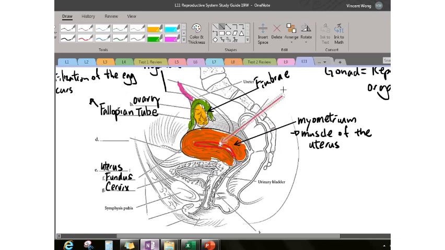And so this here is called the endometrium. Okay, so myometrium is the muscle, endometrium is the inner lining of the uterus. Again, that's the blood vessels.